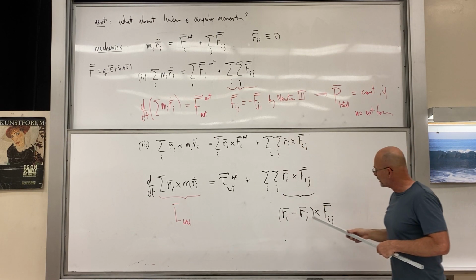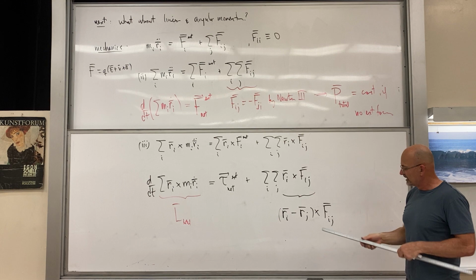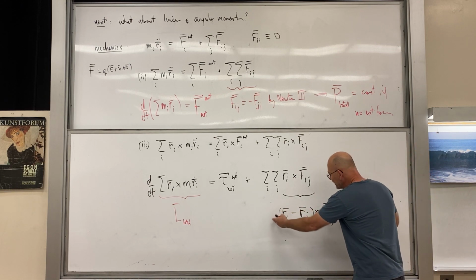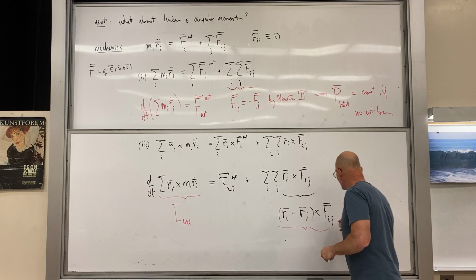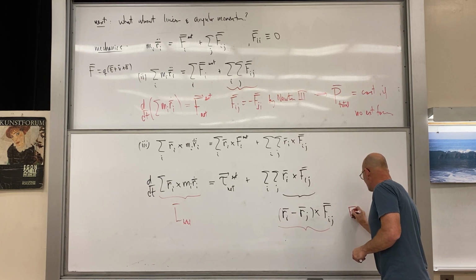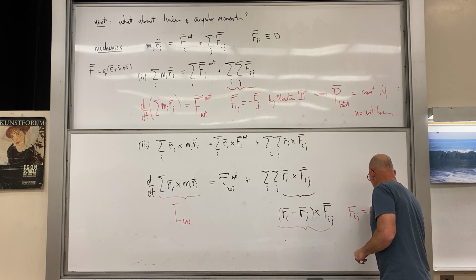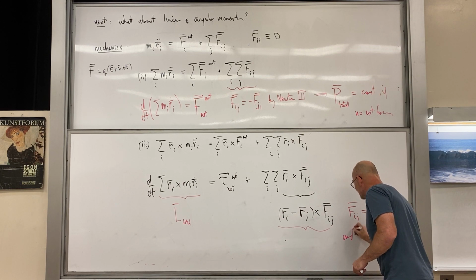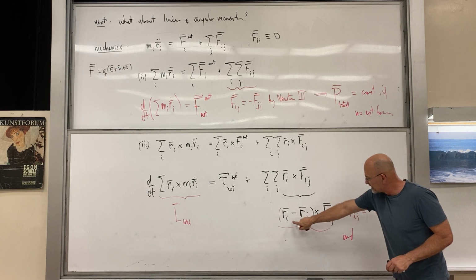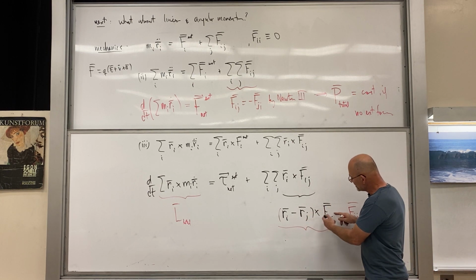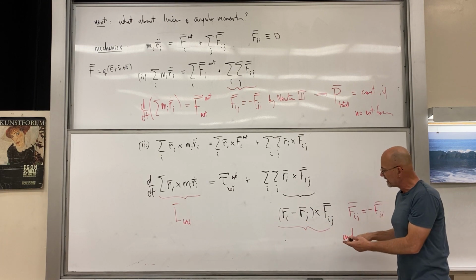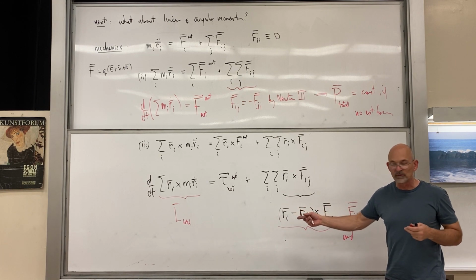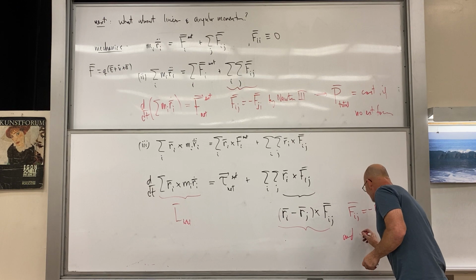But you need more than equal and opposite. In order to bring a pair like this to vanish, you need it to be a central force. So here we have F_ij equals minus F_ji, and central force, because if there are central forces, then these forces will be parallel to r sub i minus r sub j, and the cross product of parallel vectors vanishes.